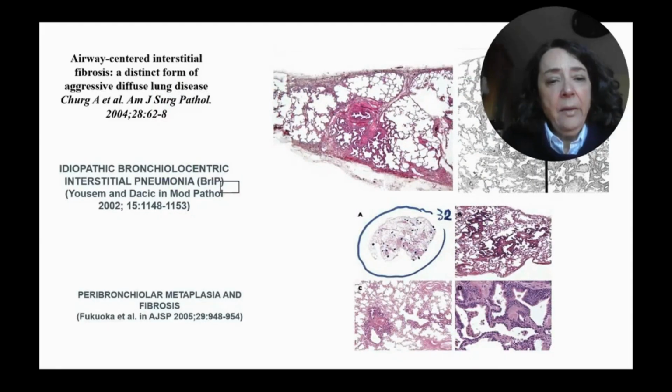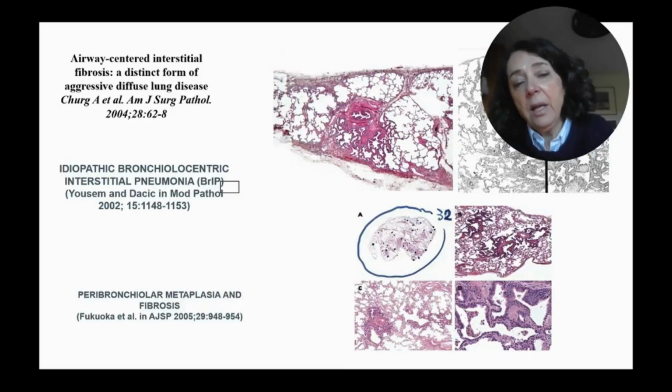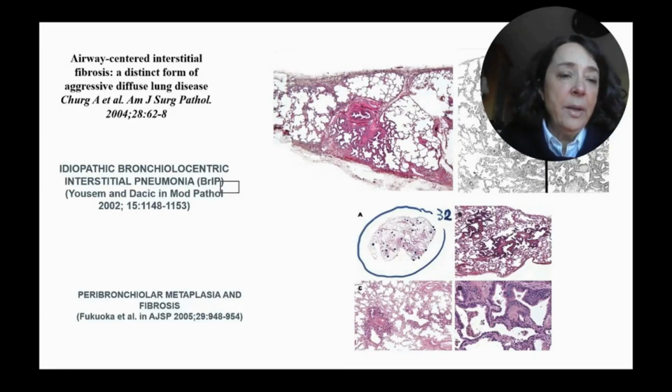So the other one is airway-centered interstitial fibrosis. This is what is now called bronchiolocentric interstitial pneumonia. This entity was present in the first classification in 2002. It kind of disappeared in 2013, and then it has come back. Why? Because there are a lot of entities that affect the centrilobular areas, and we didn't know how to call them.